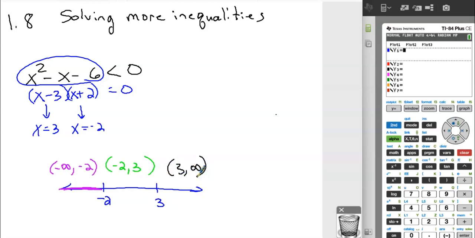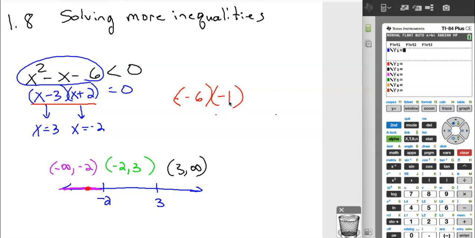And so what we're going to do is test these numbers and see if they actually fit into the inequality. We're just going to pick numbers from each category. If I choose a number over here, let's say negative 3, and plug it into the factored form, I get negative 6 and negative 1.